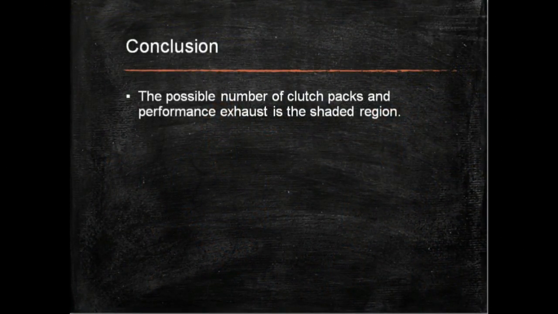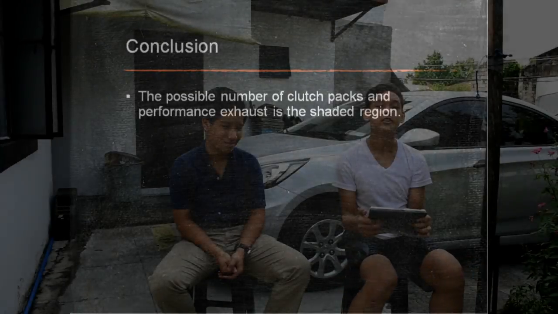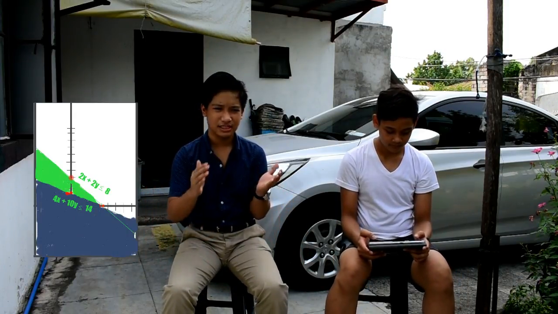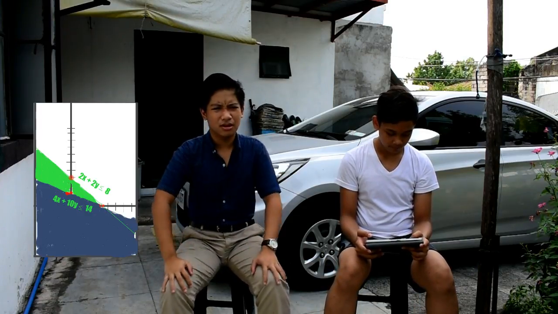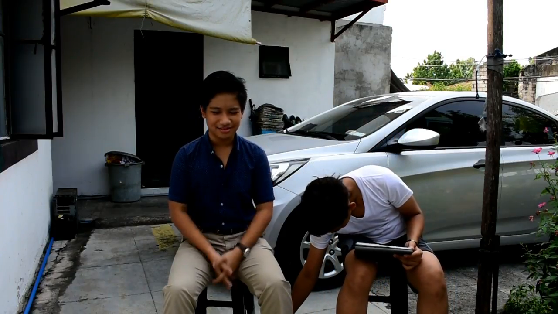The possible number of clutch packs in performance axis is the shaded region. So you're not actually writing a number like you would on a normal word problem, like 2 apples plus 2 apples is 4 apples. No, it's not like that. The shaded region is your answer. Keep in mind that's the answer.